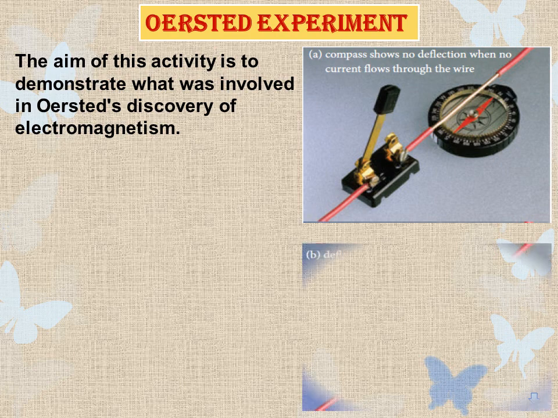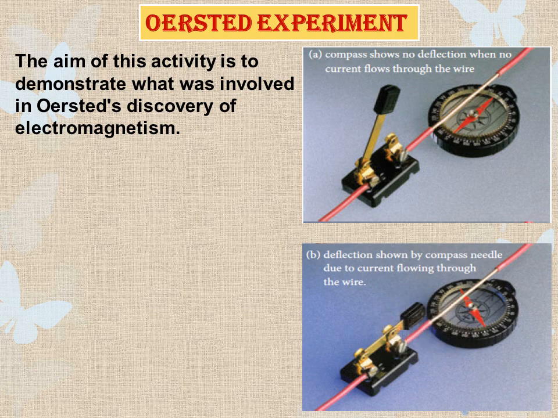Then when the needle was kept below the wire and current was passed from A to B, the north pole of the needle deflected towards the west, and on reversing the direction of the current from B to A, it deflected towards the east.